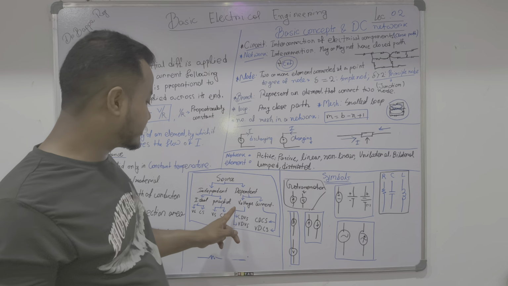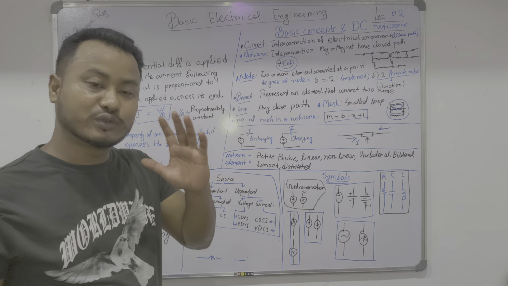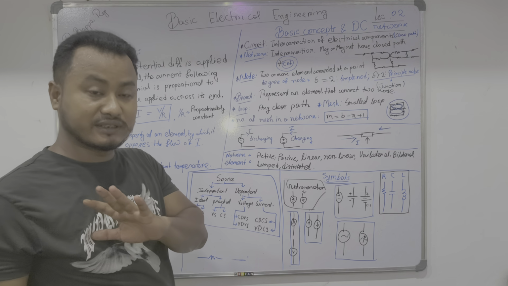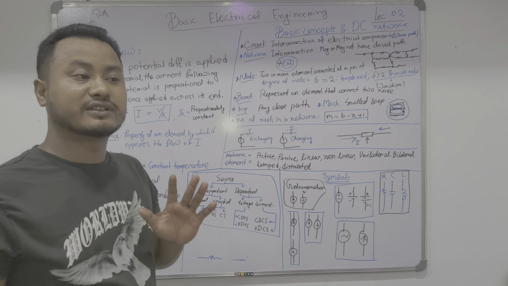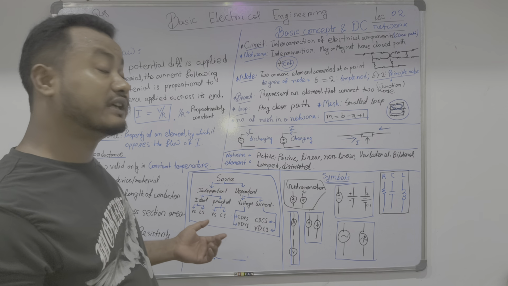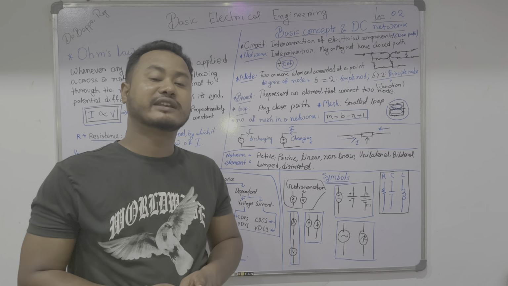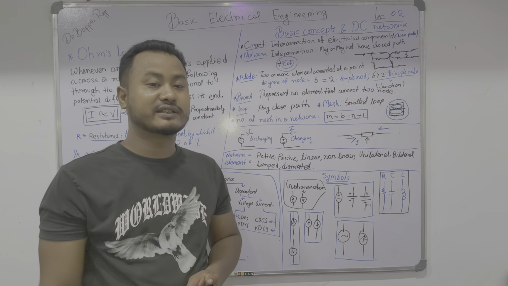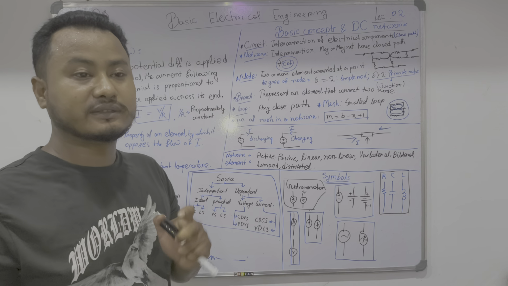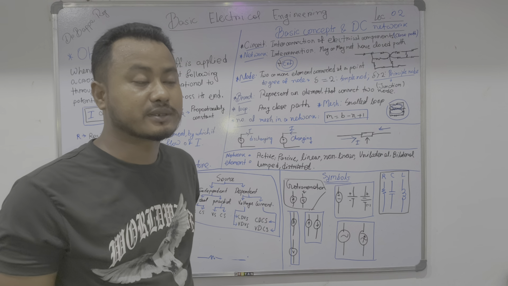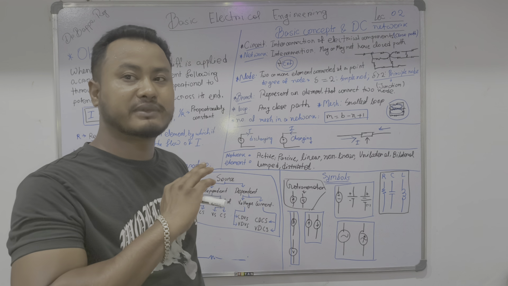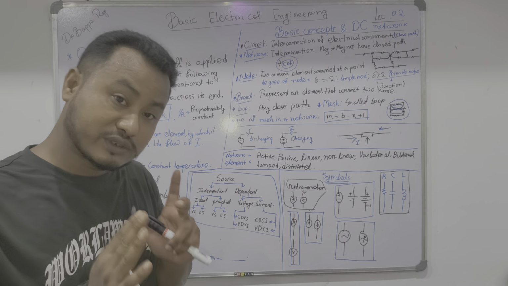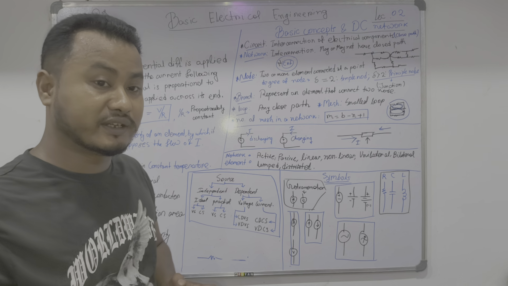A voltage source gives a voltage supply, and a current source gives a current supply. But practically it is not possible that a supply gives only voltage or only current. Most practical sources are voltage sources, but they also give current.